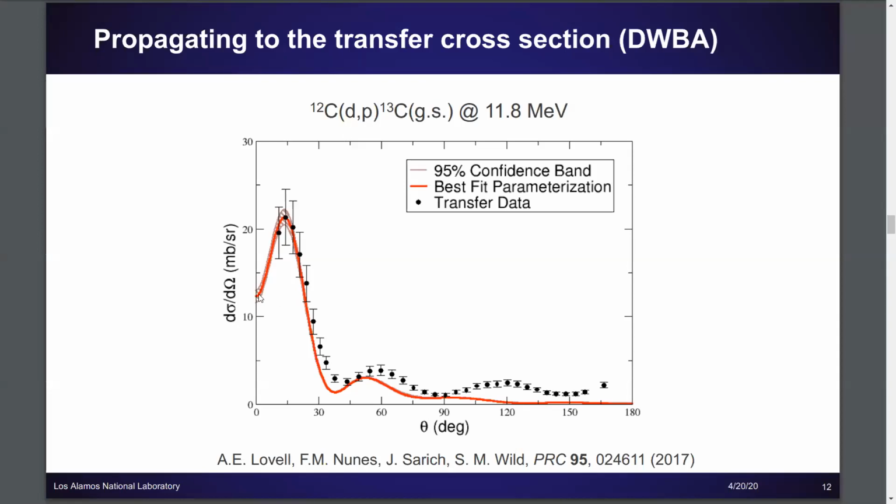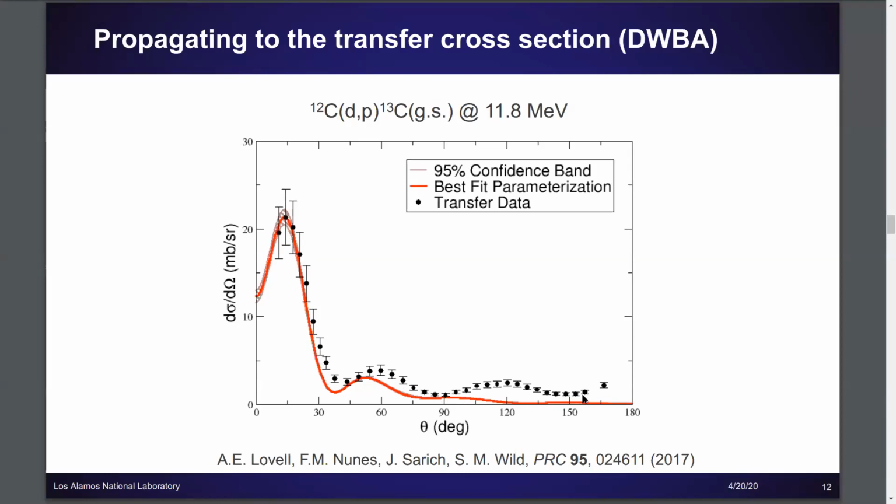But we can see again, here's the differential cross-section for the transfer calculation at about 12 MeV as a function of angle. Again, we have very narrow confidence intervals, especially compared to the experimental error on this data. At the peak, we do a pretty good job of reproducing the shape of the data, and again, this data was not put into the calculation in any way.